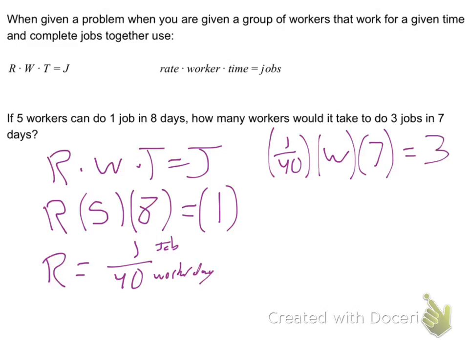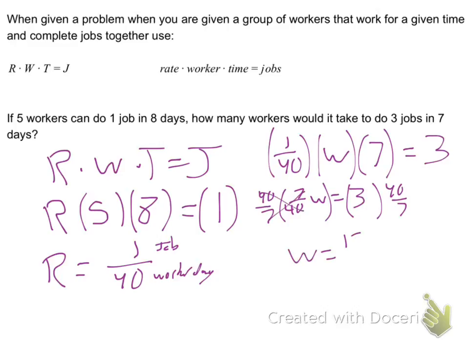Yeah. So, would you guys agree that would be 7 over 40 W equals 3? Multiply by 40 over 7 on both sides. What's 3 times 40? So 120 over 7 workers.